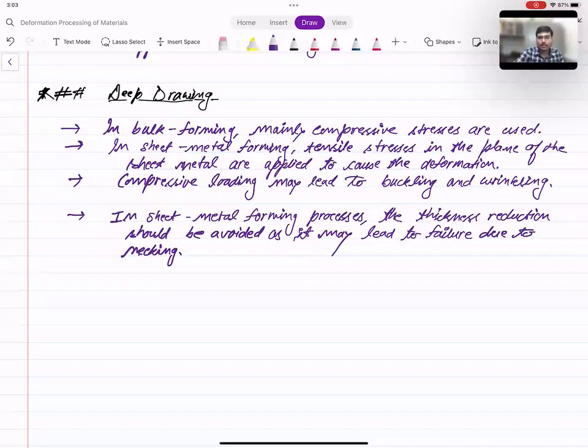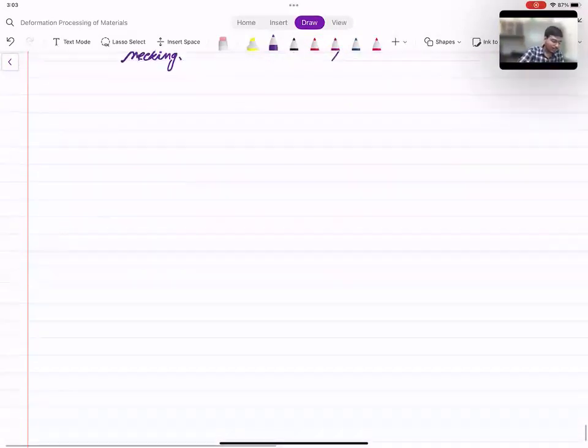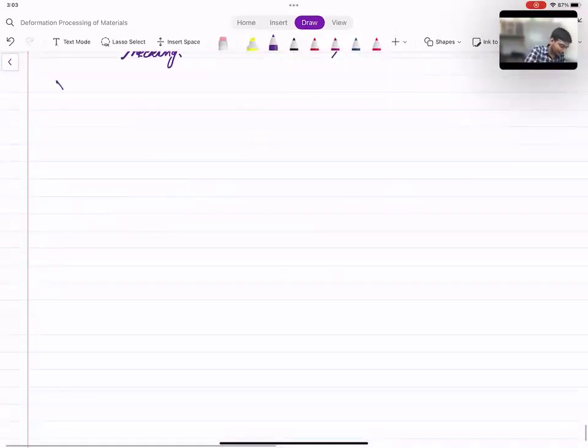Now let us see what is meant by deep drawing and how this process is carried out. Deep drawing is basically a process of forming cups, etc., out of metal sheets by application of loads through punches, and the initial metal sheets used for forming the cups are known as blanks.